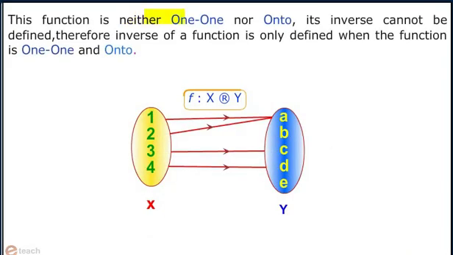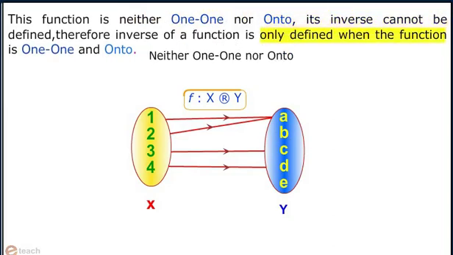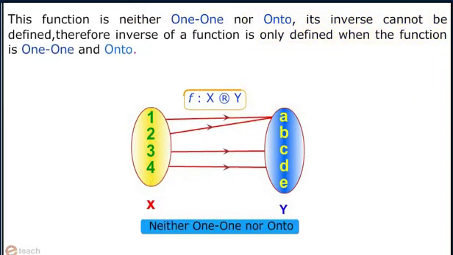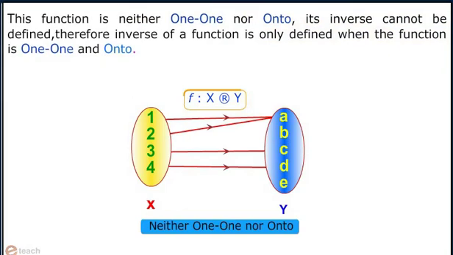This function is neither 1-1 nor onto. Therefore, its inverse cannot be defined because inverse of a function is only defined when the function is 1-1 and onto.